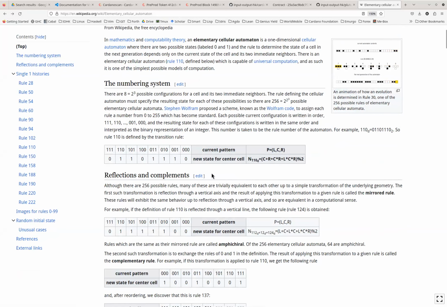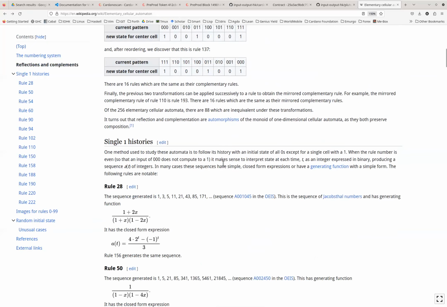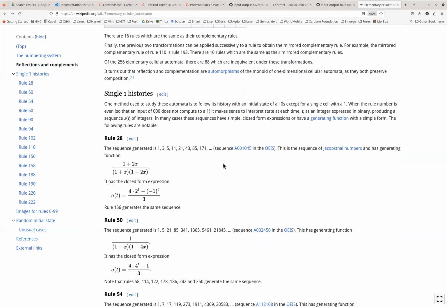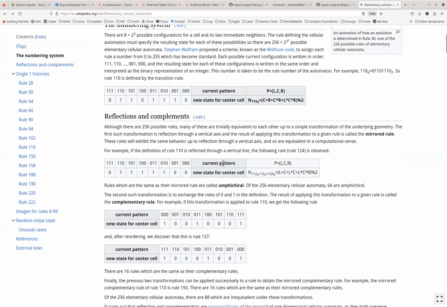It's 4 bits, right? That would only give 16 rules though. Just a second. Right, sorry.